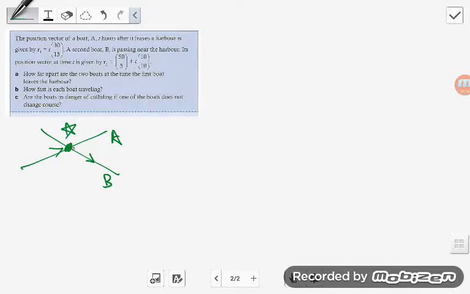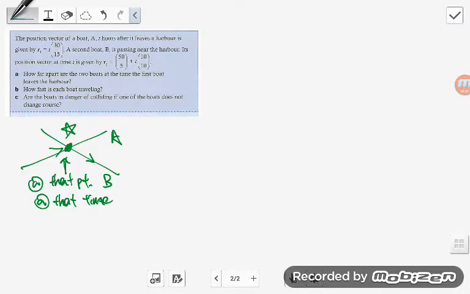So in order for them to hit, boat A and boat B must be at that point at the same time, correct? They must be at that location, at that point, at that very specific moment. So that's when they're gonna hit each other.